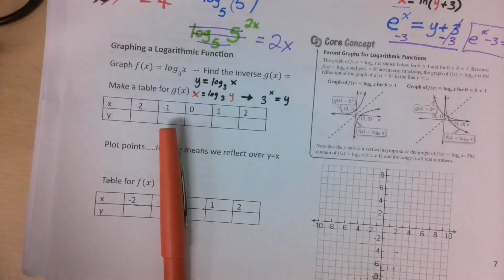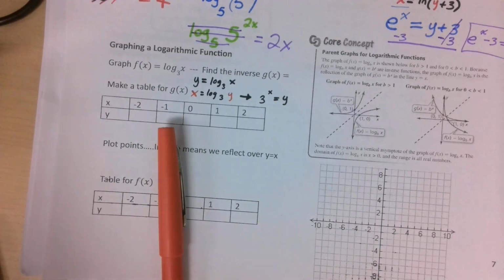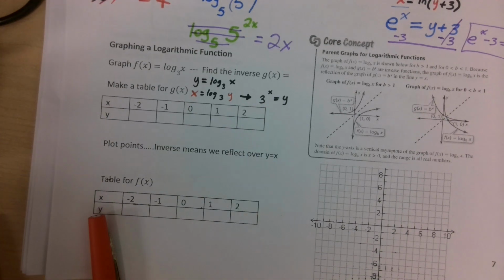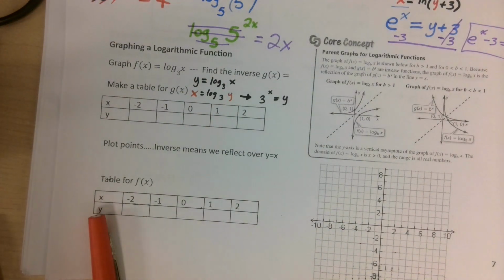Hey, this is just 3 to the x power equals y. That's g of x, the inverse. So it wants us to make a table for g of x. To save you and me some time, I am just going to plug in 3 to the x power in my calculator and find the table, although these ones are not difficult. Actually, since this one gives decimals, I think I am going to do it by hand. I apologize.